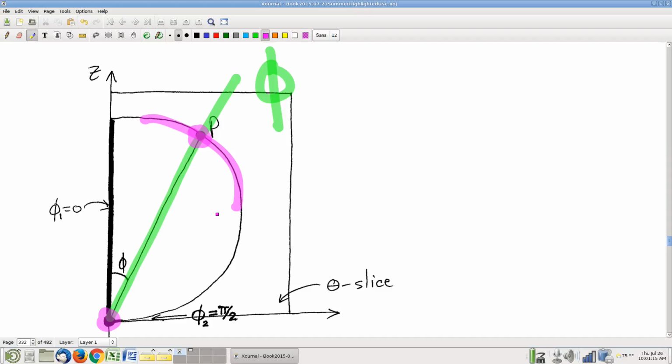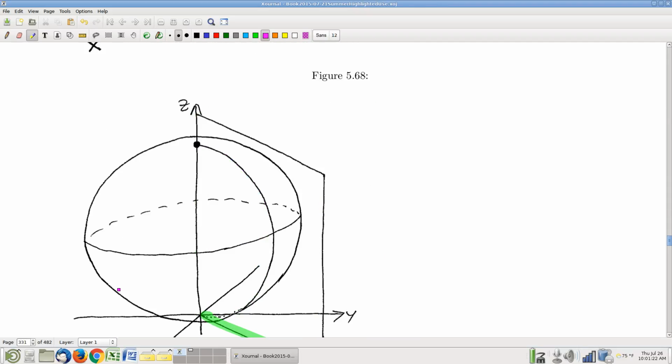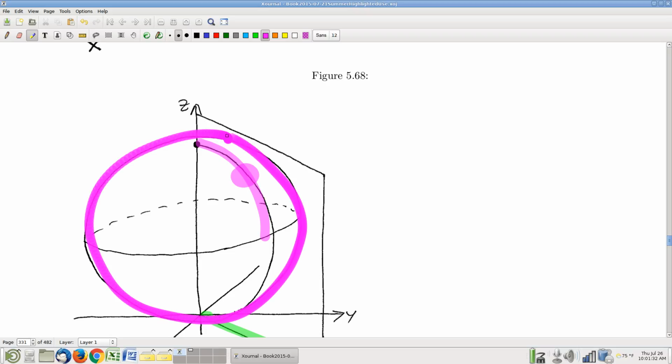Let's not forget we're looking at a single theta slice. That curve came from this picture, where it's a slice of a sphere. So the point that we're looking at is on that curve, but more to the point, it's on that sphere. So we need to find the equation of this sphere in spherical coordinates.